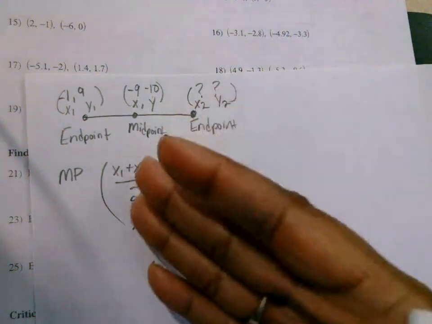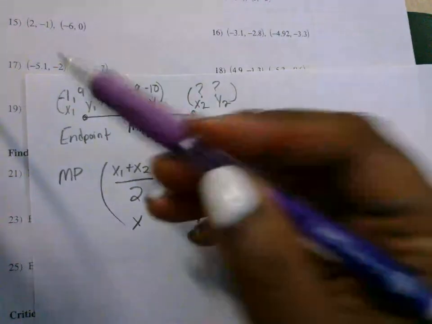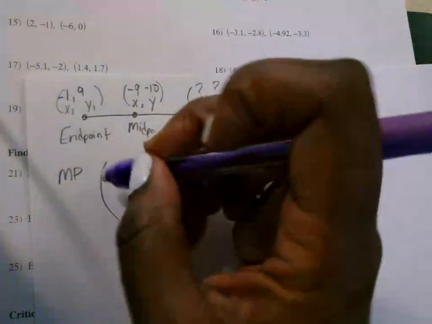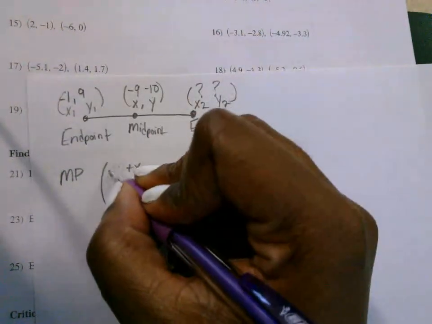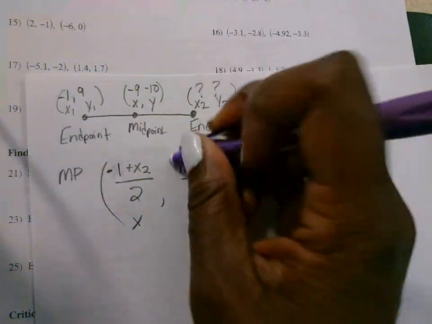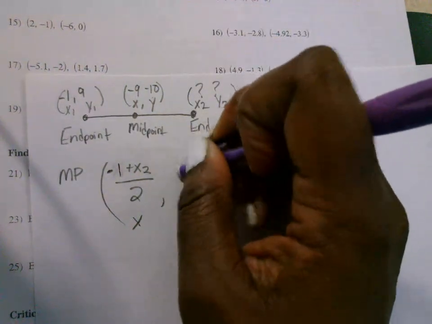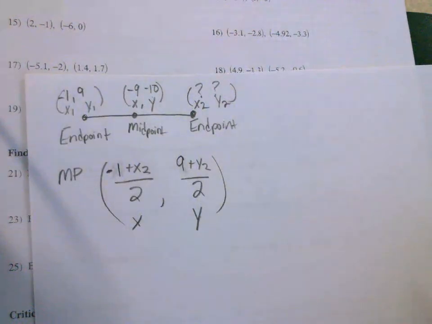We're going to use this formula to calculate the other endpoint. Watch what Ms. Reyes does. The information that's given is the x1, so I'm going to replace x1 with the -1. The other information that's given is the y1. I'm going to replace y1 with 9, what's given.